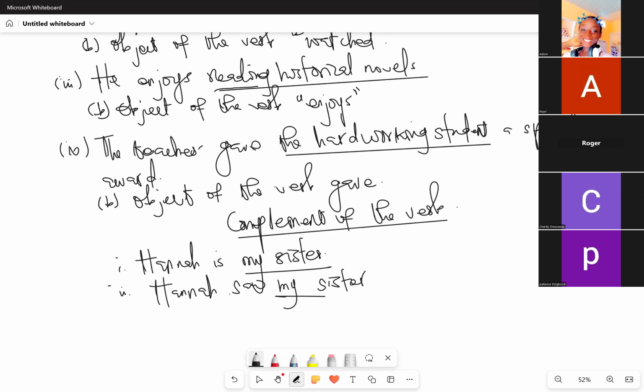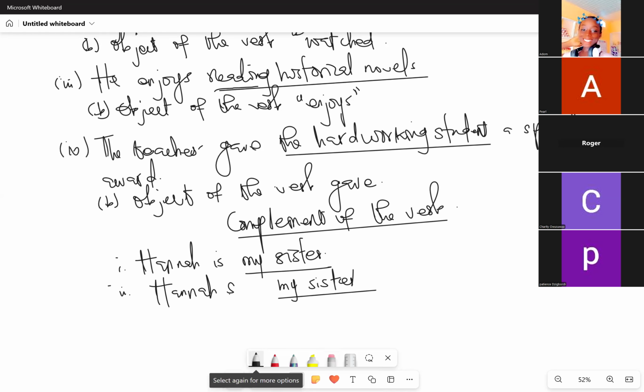My sister. Guys, in these two examples, I want us to talk about the number of parties being discussed here. How many parties are we discussing in I? How many parties are we talking about in II? Any volunteer?